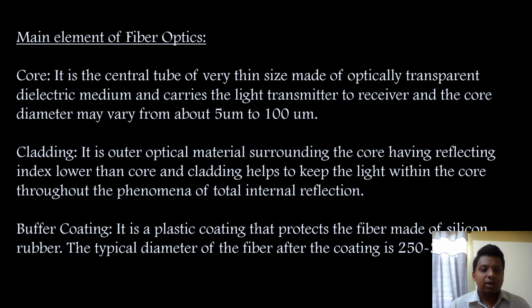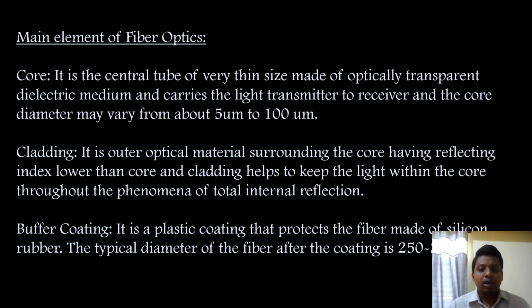First, we'll see the core. It is a central tube of very thin size made up of optically transparent dielectric medium carrying the light from transmitter to receiver, and the core diameter may vary from 5 micrometers to 100 micrometers. The cladding is the outer optical material surrounding the core, having a refractive index lower than the core.